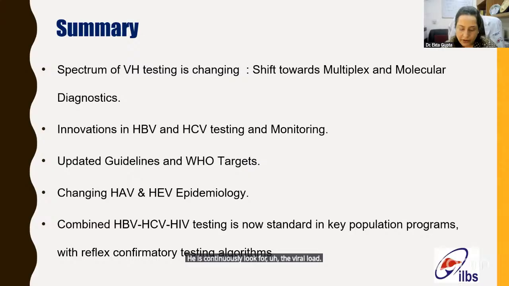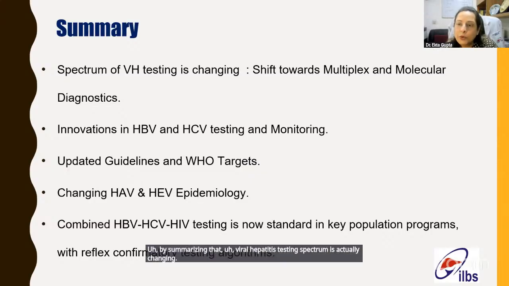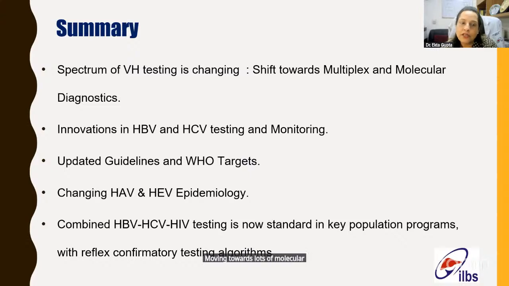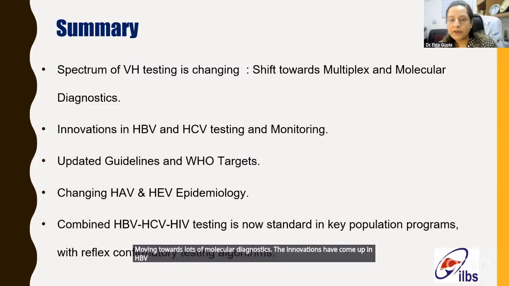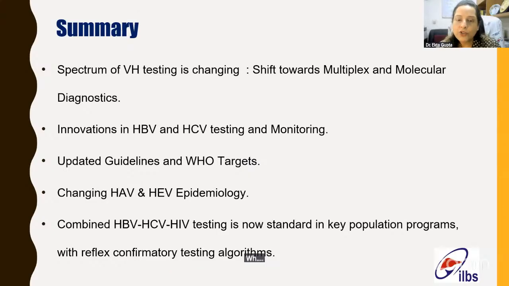So I end my talk by summarizing that the viral hepatitis testing spectrum is actually changing, moving towards lots of molecular diagnostics. Innovations have come up in HBV, HCV testing and monitoring guidelines from WHO, and A and E epidemiology is changing.